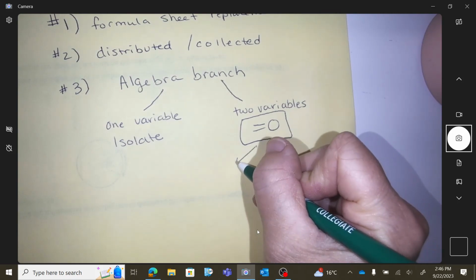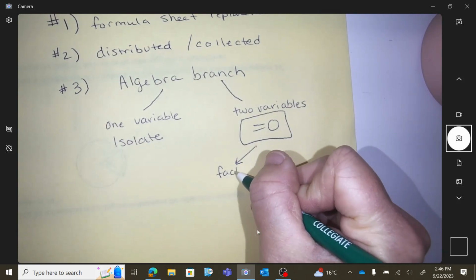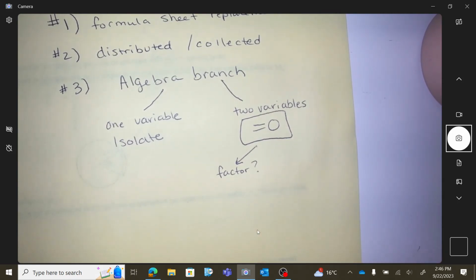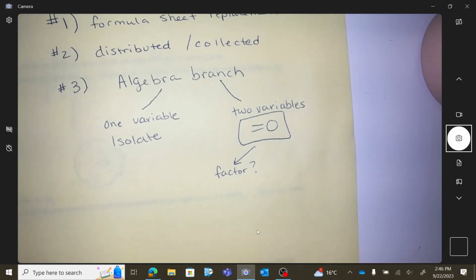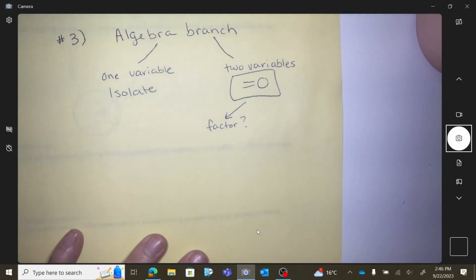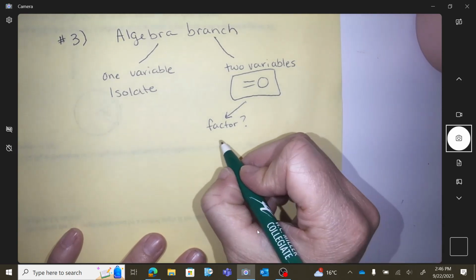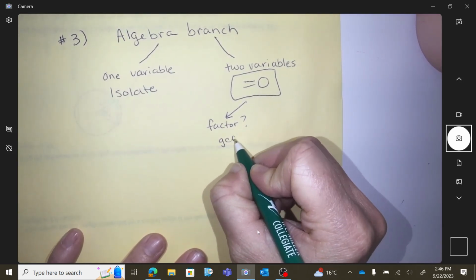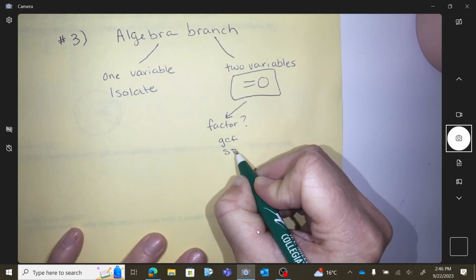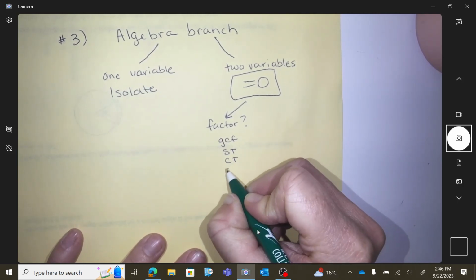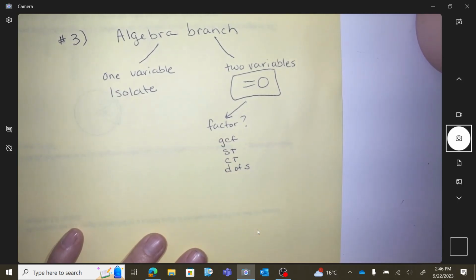Then you would factor. Can it factor? So what are you looking for? GCF, simple, complex, difference of squares.